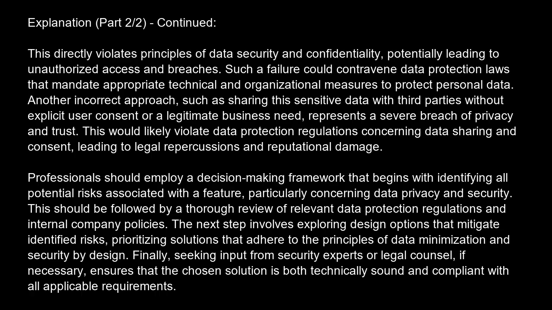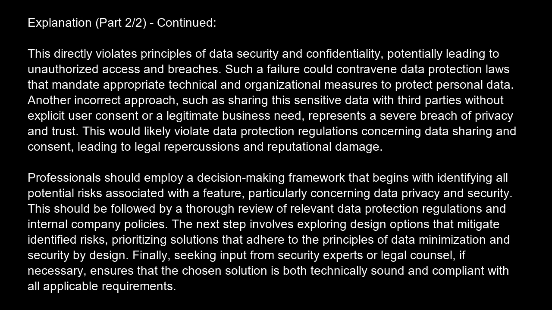Another incorrect approach, such as sharing this sensitive data with third parties without explicit user consent or a legitimate business need, represents a severe breach of privacy and trust. This would likely violate data protection regulations concerning data sharing and consent, leading to legal repercussions and reputational damage.